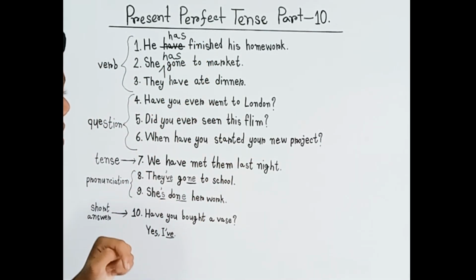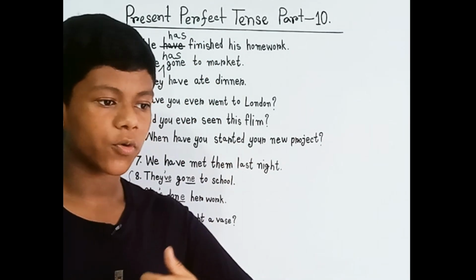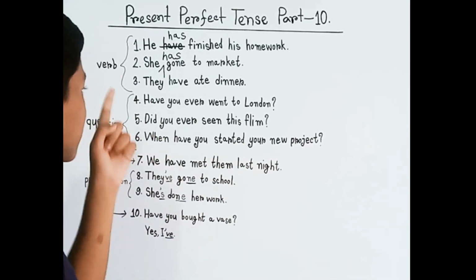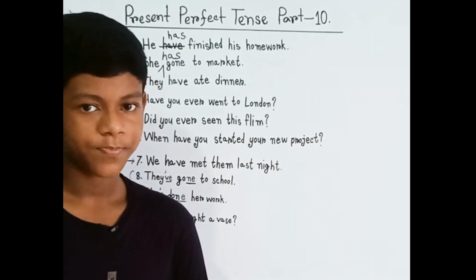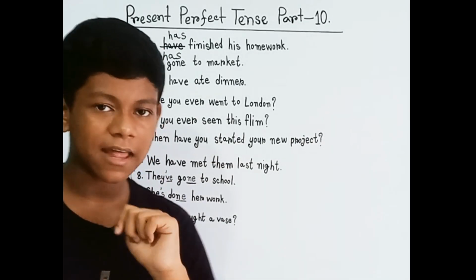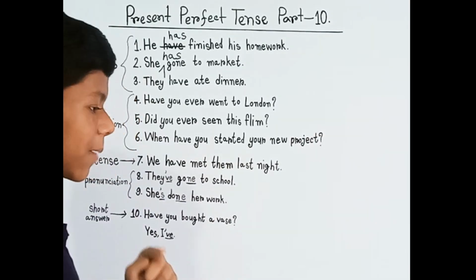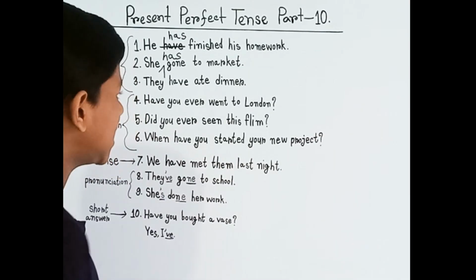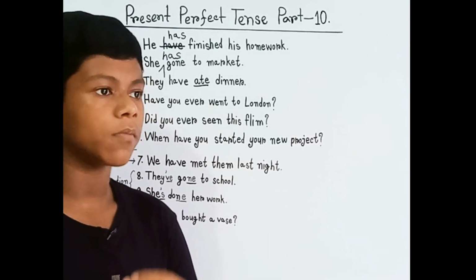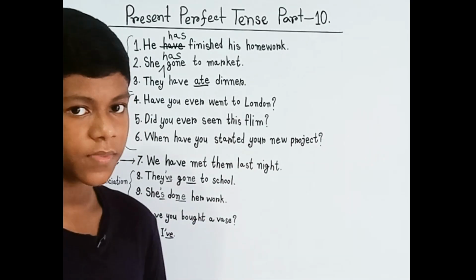Sometimes our main verb, our action verb, is wrong for the tense. They have ate dinner. Remember, during the present perfect tense, we generally use the past participle form. But here we have used ate, which isn't the past participle form. It's the past form of the verb.